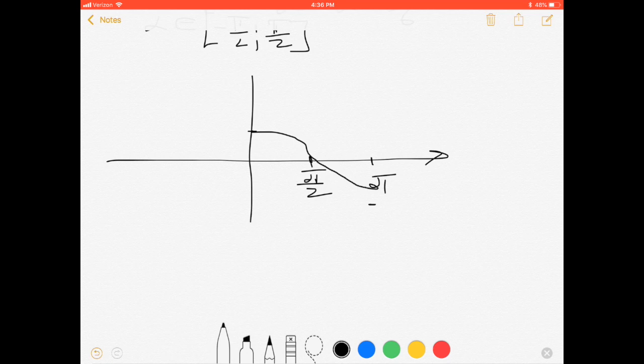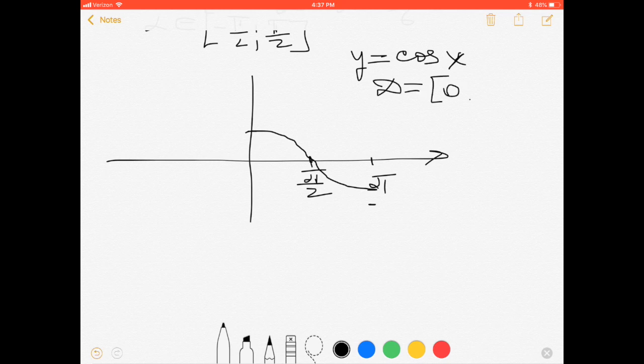My graph is very scary. This is pi. This is a piece of the graph of cosine x, y equals cosine x, and as you can see, this part is one-to-one. The domain here is from 0 to pi. The range here is from -1 to 1.